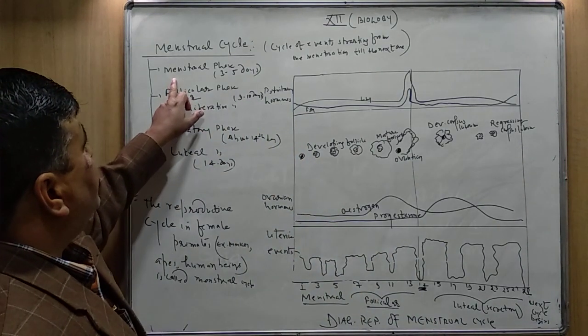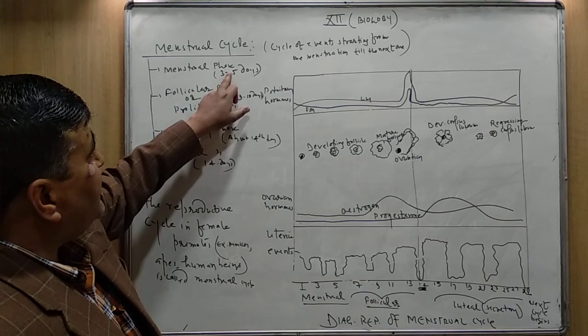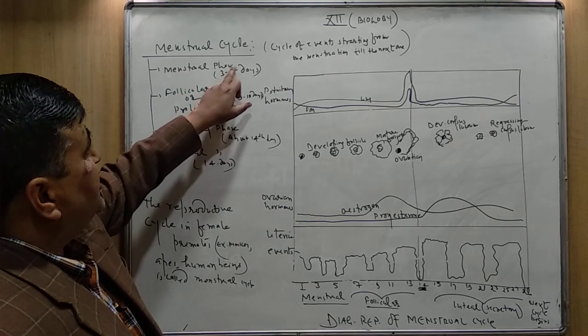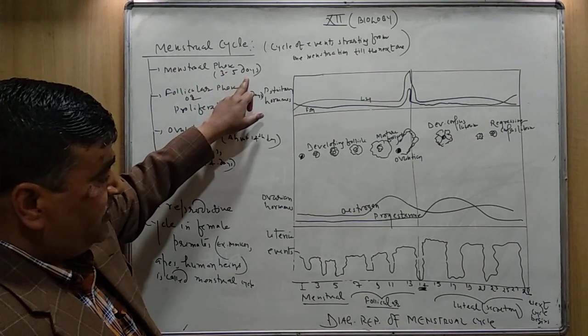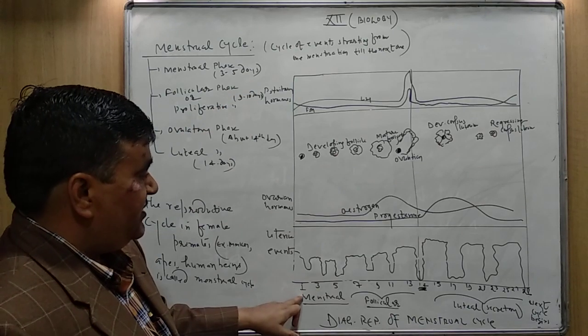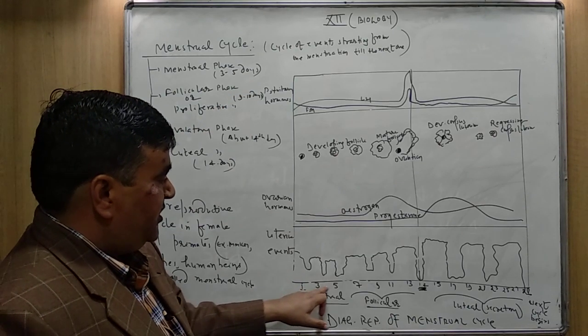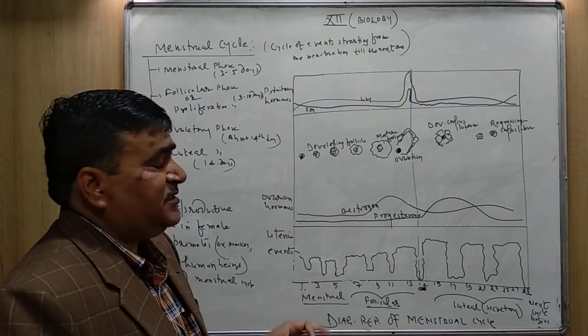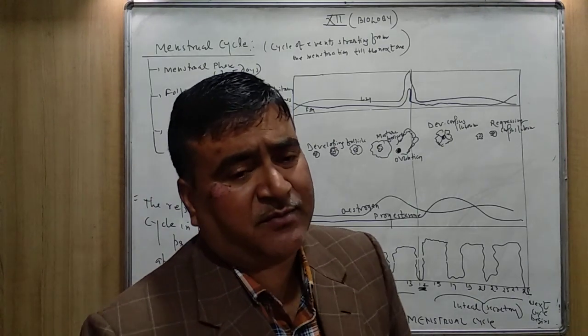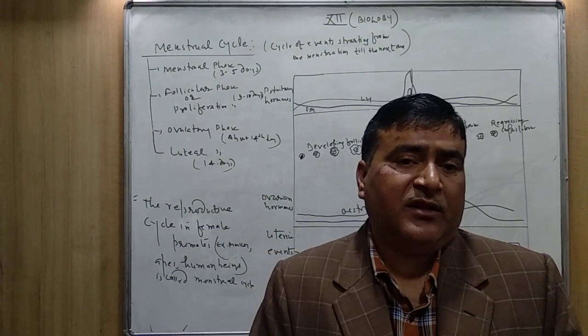So the first one is the menstrual phase. The menstrual phase lasts for 3 to 5 days. You can see here 1, 3, 5, these are the days. Generally it lasts for 3 days, in some cases 4 or 5 days.